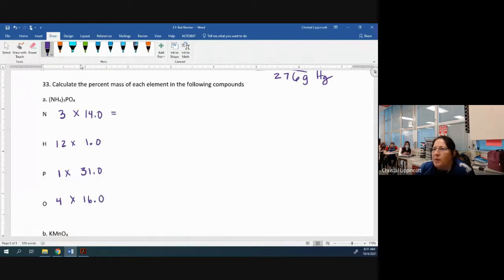Then we multiply them out. So I've got 14 times 3, and that is 42.